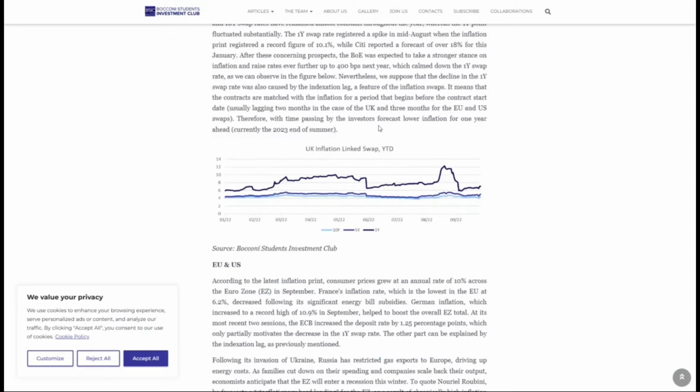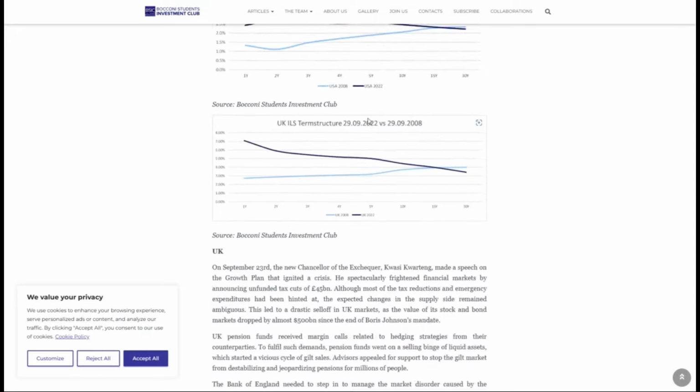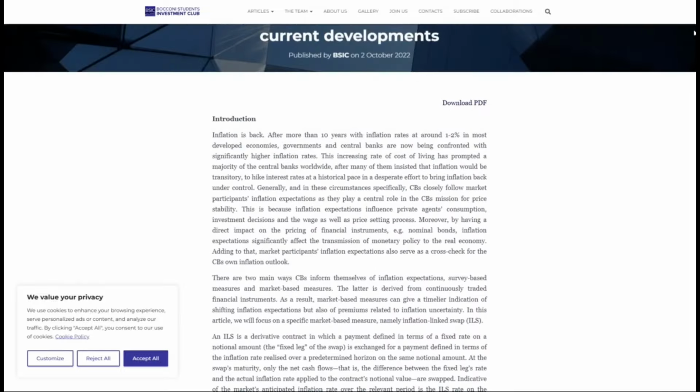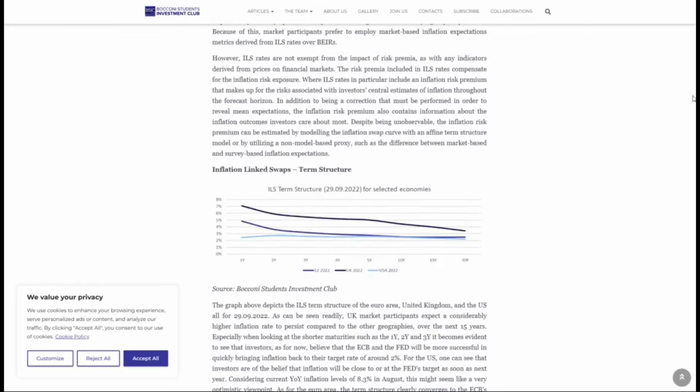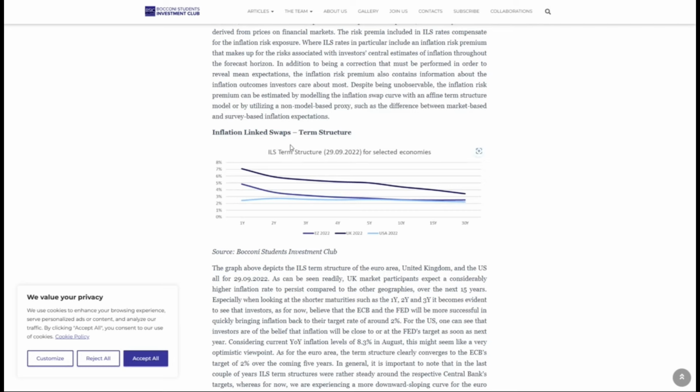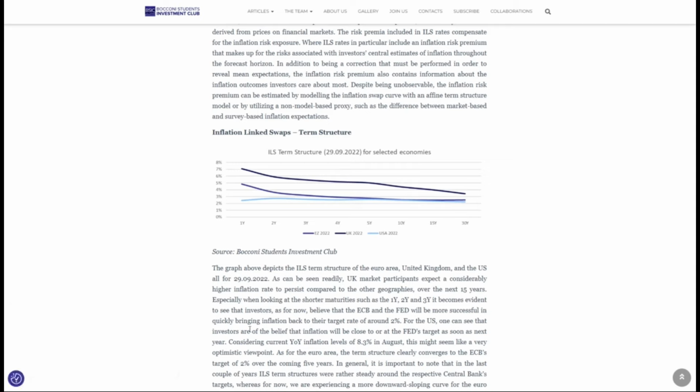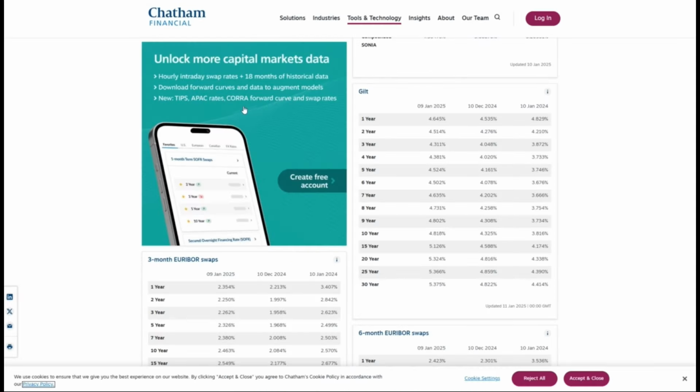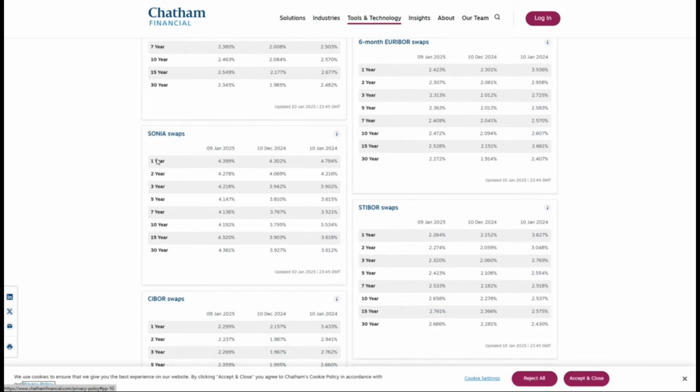I was reading about it in another paper. No, this is a very important paper. So yeah, inflation linked swap. So basically these are derivative contracts, swap contracts, which are based on this stuff, the Sonia swap curve.